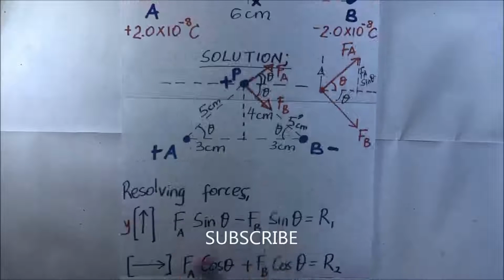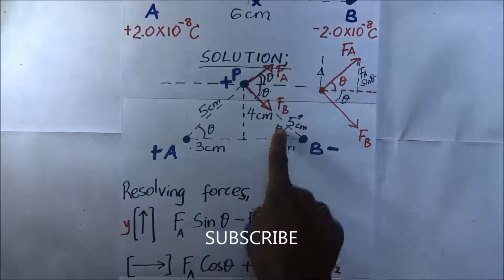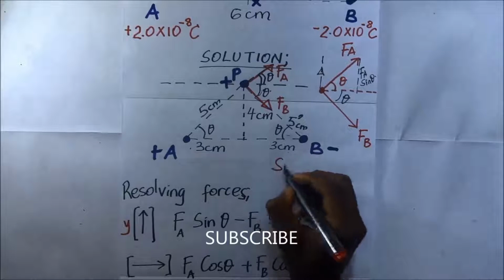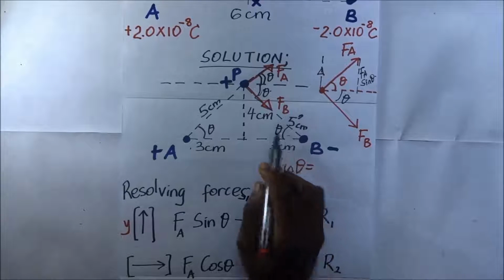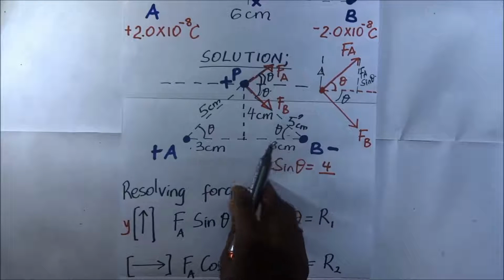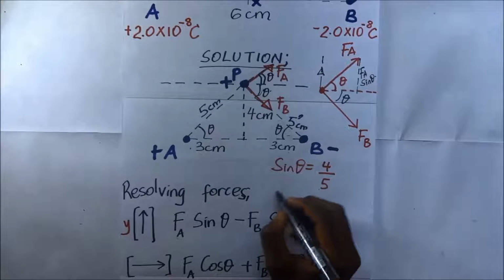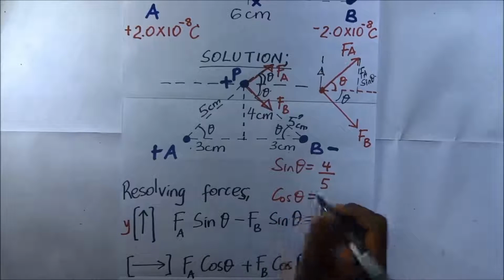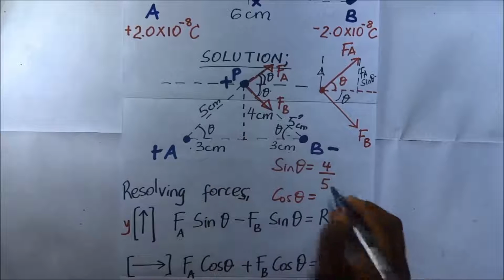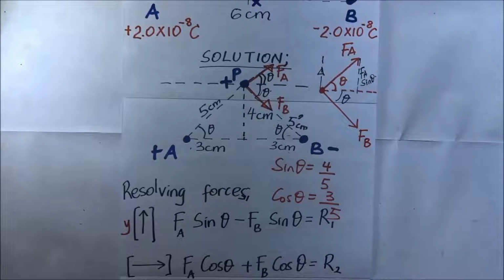The values of theta here are the same all throughout. Sine theta is simply opposite, which is 4, over hypotenuse, which is 5. Cosine of theta is adjacent, which is 3, over hypotenuse, which is 5, so 3 over 5.